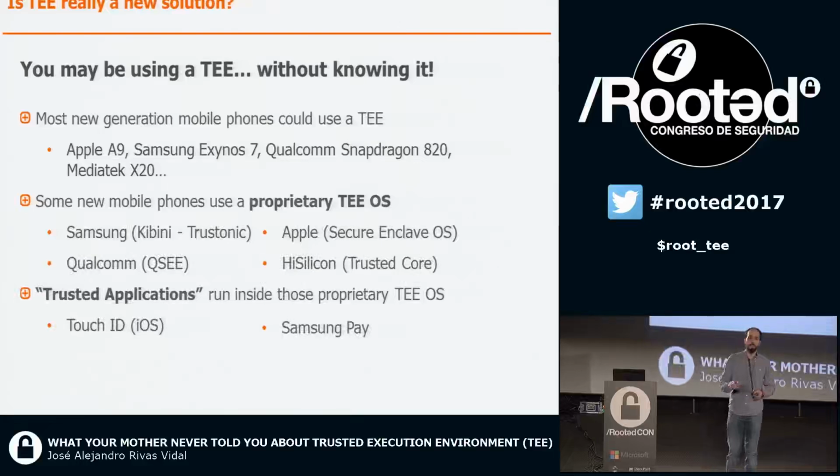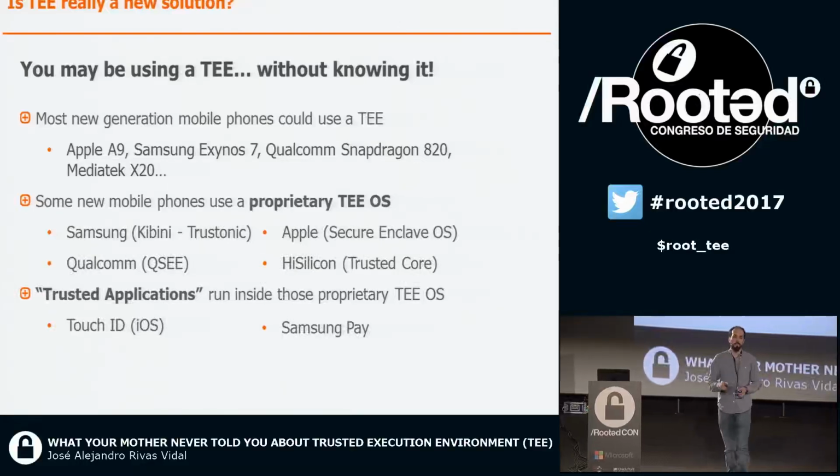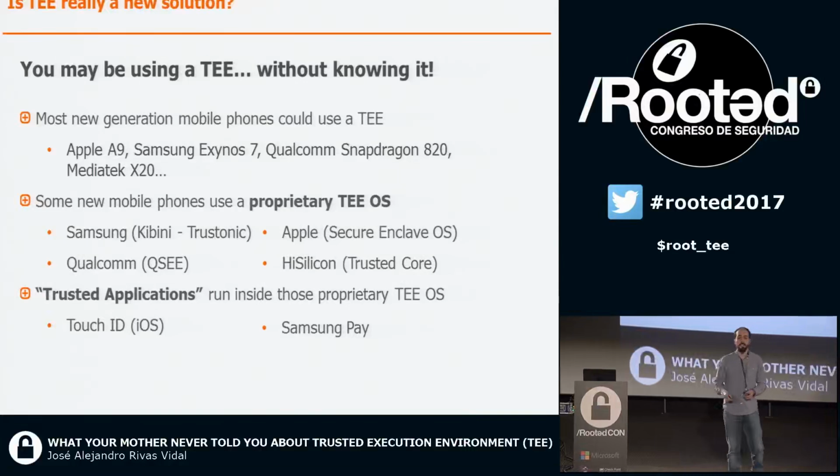This may be totally new for some of you, but in fact, many of the devices that you have here nowadays are using a TEE already. In fact, maybe you have already interacted somehow with a TEE. There are applications such as Touch ID or Samsung Pay that delegate part of their services to the TEE.